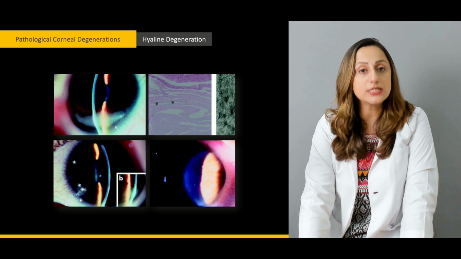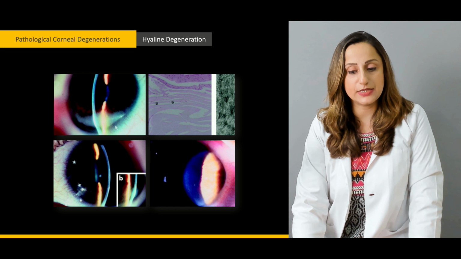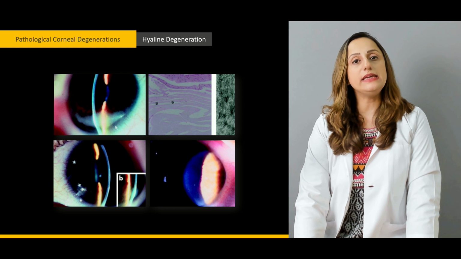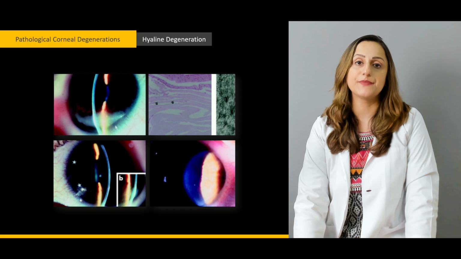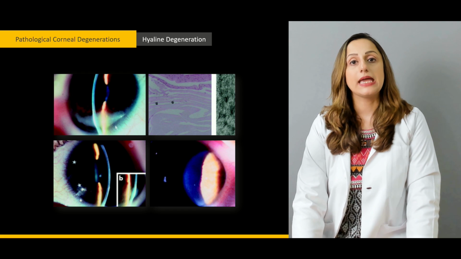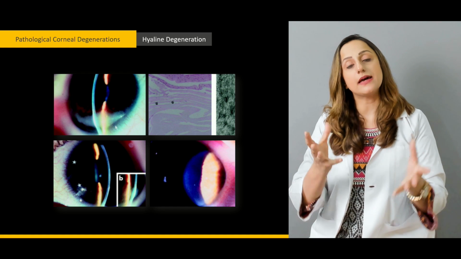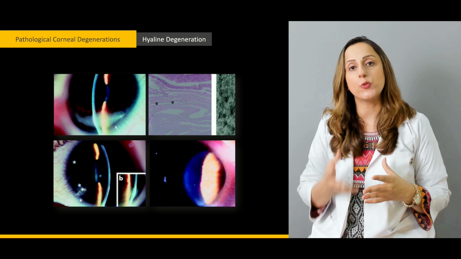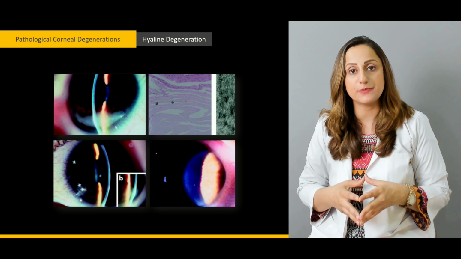They would be giving a positive history of a long-standing keratitis, or it can be a trachomatous pannus, or even a positive history of glaucoma is observed. Glaucoma is basically a condition in which there is an increased intraocular pressure, and that is again going to be conjoined with this kind of hyaline degeneration, which is noted down in glaucomatous patients.